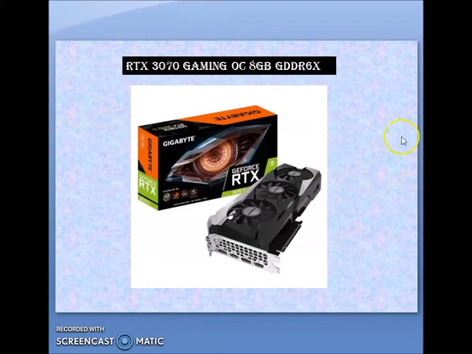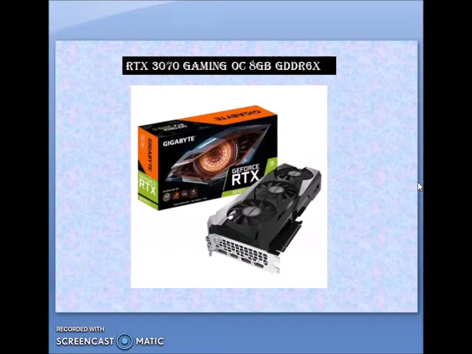The second graphic card is the Gigabyte GeForce RTX 3050 Gaming. The characteristic is that the frequency of the processor is 1822 megahertz.